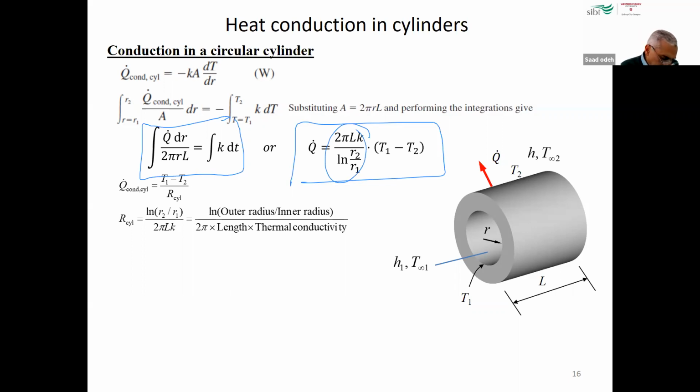And therefore, we end up with the thermal resistance equation, which is this one here: delta T divided by R, where R is evaluated from ln of R2, the outer radius, divided by the inner radius, divided by 2 pi L, where L is the length of the cylinder, multiplied by k, which is the thermal conductivity. So you need to understand these two equations. Please try to remember these equations for cylinders. If you have a cylinder case, then you have to refer to these two equations.